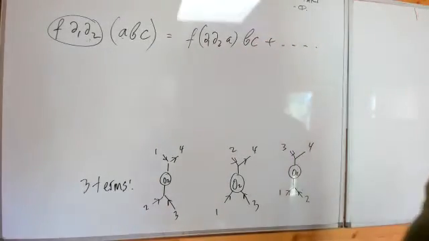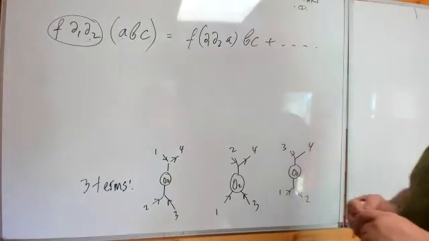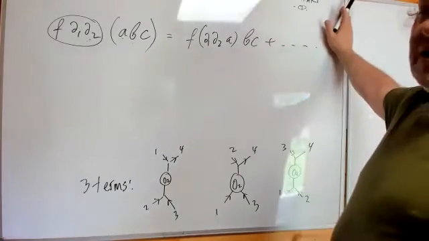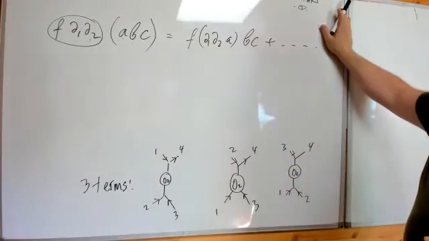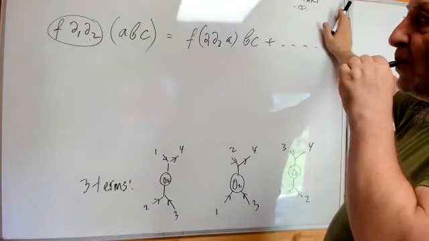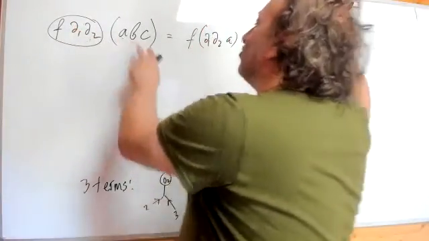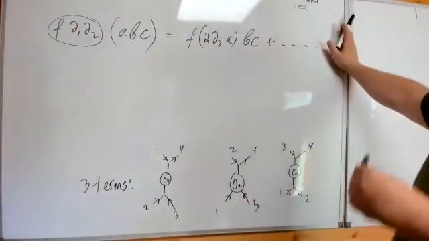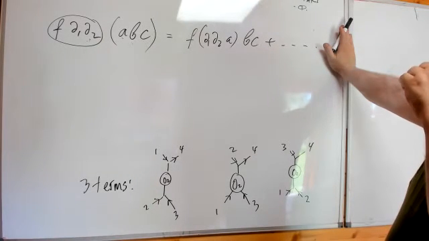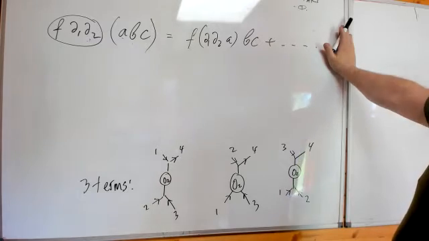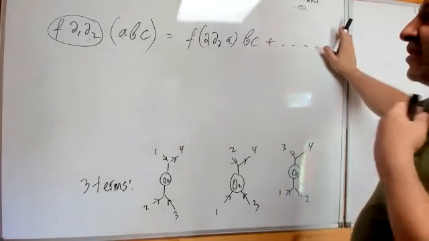Plus, etc. Okay? Now, let us try to see what else do we get. This 1 and 2 could go to 2 terms out of 3. Okay?